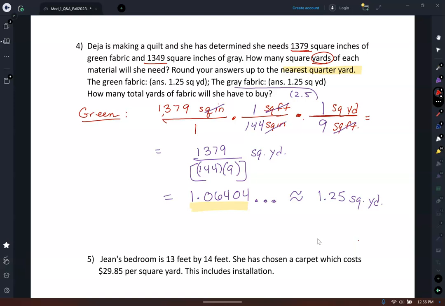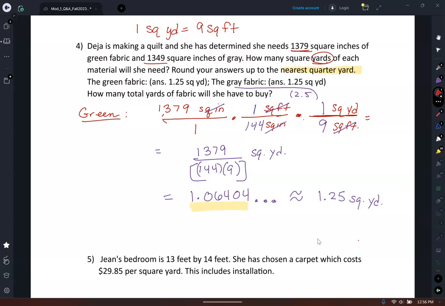correctly. So just want to be clear, the conversion for that is we would have 1 square yard would equal 9 square feet.